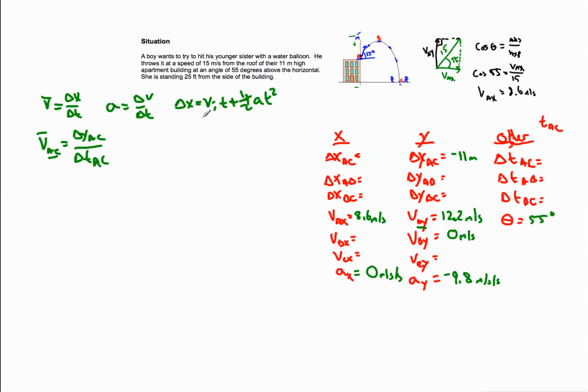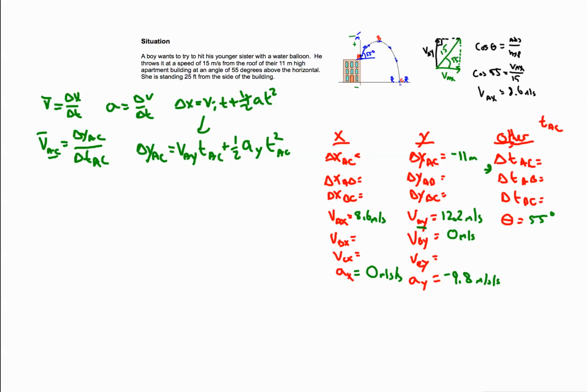So let's use the displacement equation, but let's use it properly in the y dimension. This is A to C, because I want to find the time from A to C. Velocity at A in the y dimension, times the time from A to C. That's what I decided I wanted to try to figure out. Plus 1/2 AY time from A to C squared.